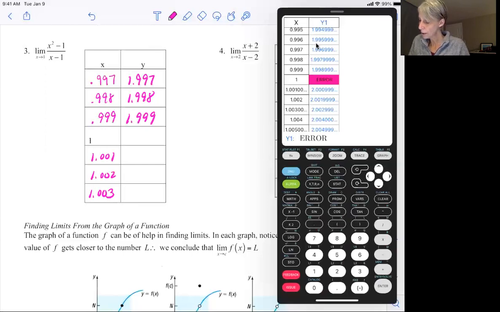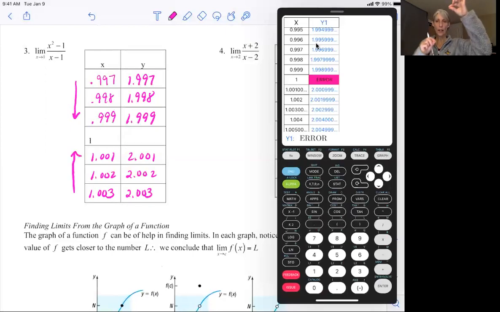When I plug in 1.003, I get 2.003. So as I plug in x values that get closer to 1, my y values are getting closer to 2.